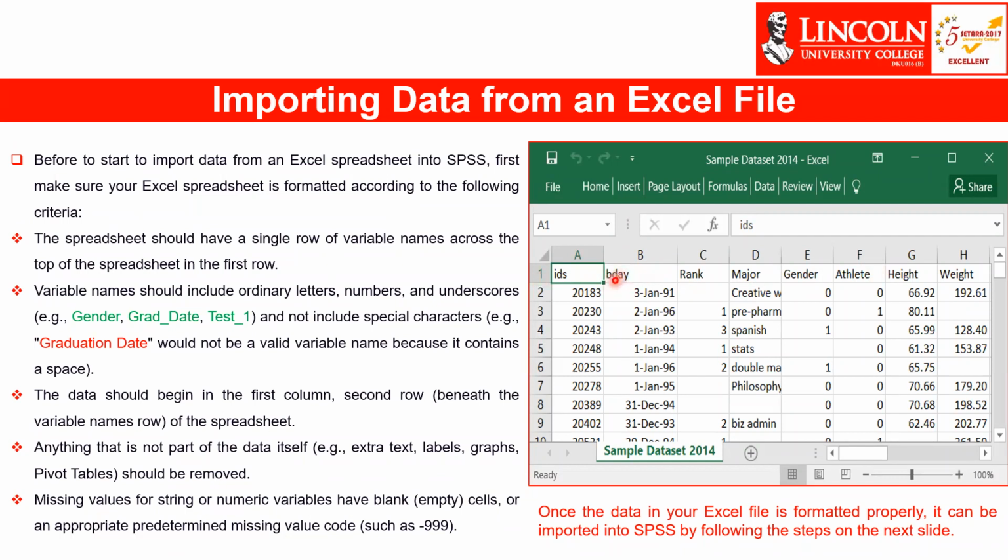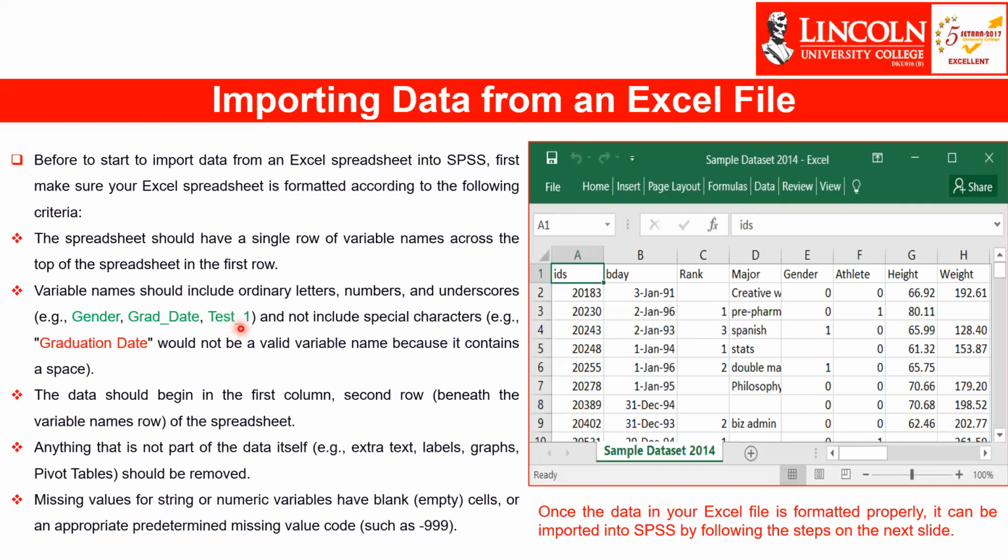Meaning that you cannot have birthday like B-day hash, or B-day dollar sign, or B-day percentage. All those are referred to as special characters. You cannot use them in your variable names. So for example, you can have something like this: gender, grad, that's graduation date, or test_1.